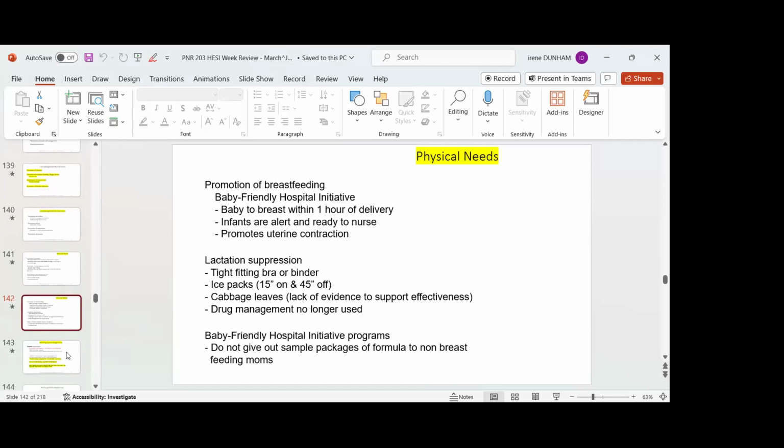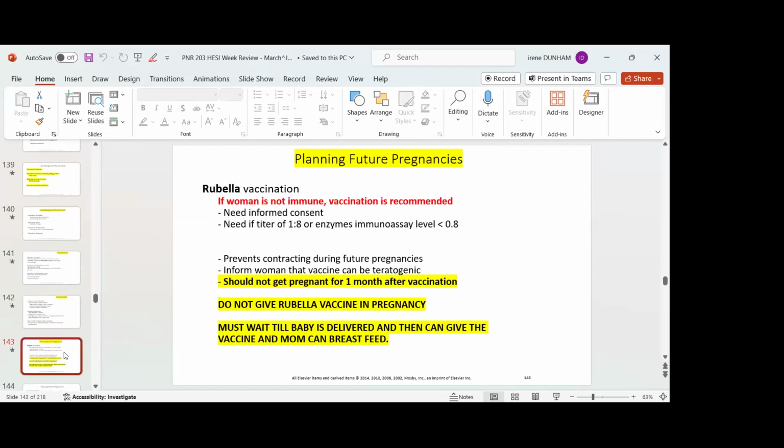It's getting slow, so I have a few more minutes. Planning future pregnancies. I know HESI always puts at least one question on rubella vaccines. If the woman is not immune, the vaccine is recommended.